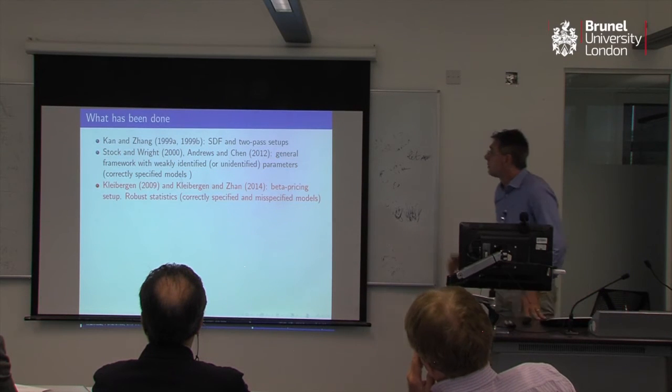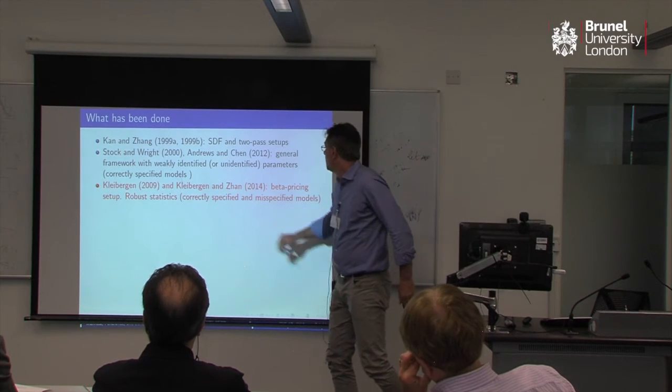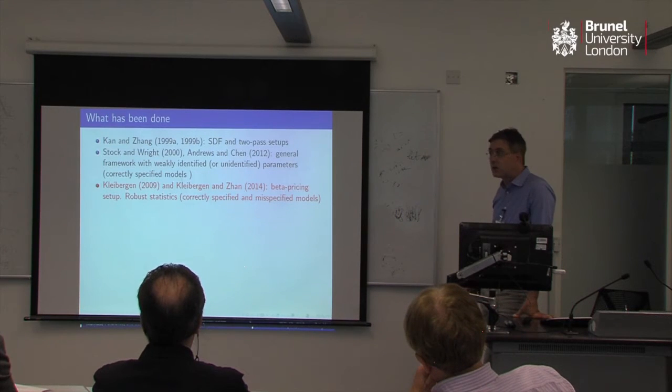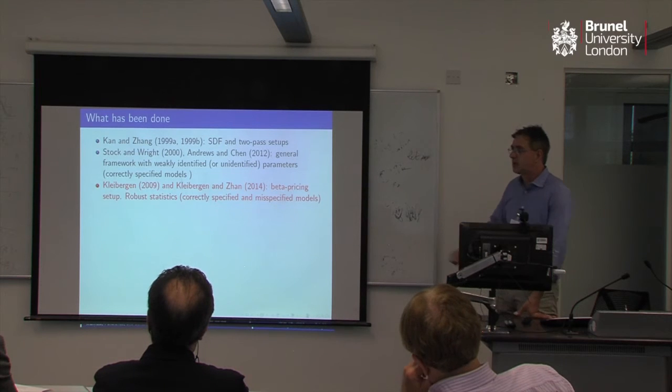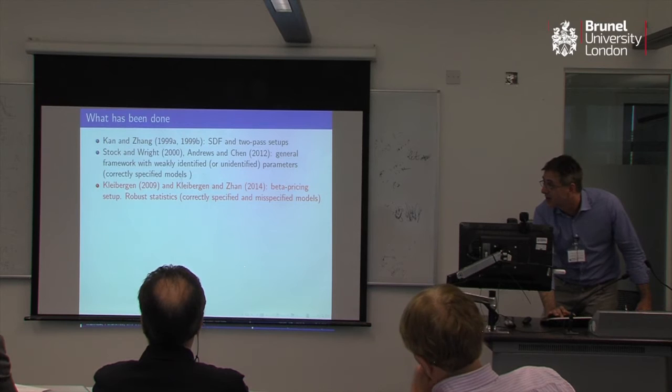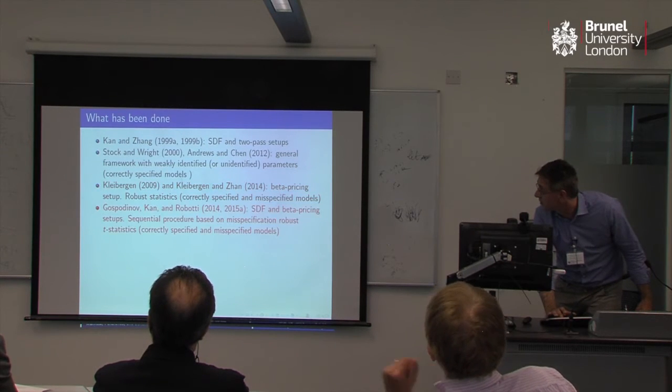Then two recent papers, Kleibergen and Zhan, they look at beta pricing setup only, and they look at robust statistics borrowed in some sense from the IV literature, and they do analysis, especially Kleibergen 2009, under correctly specified models and under misspecified models. Again, all this is in some sense for point estimates and for a measure of statistical significance.